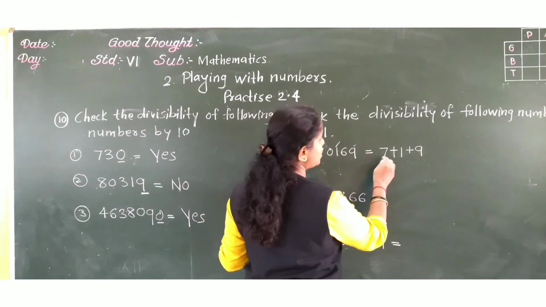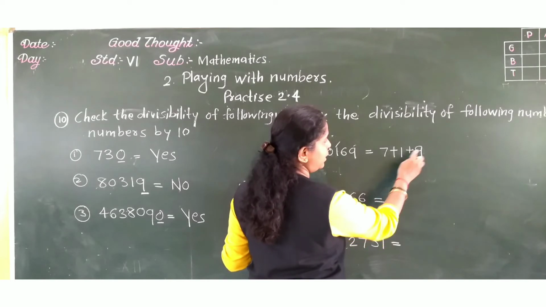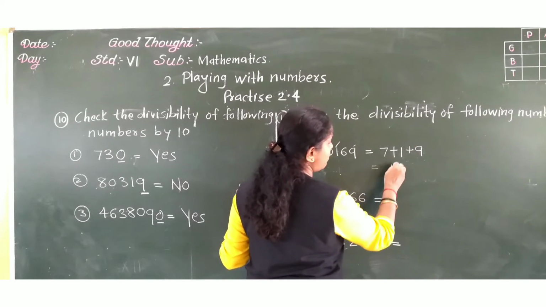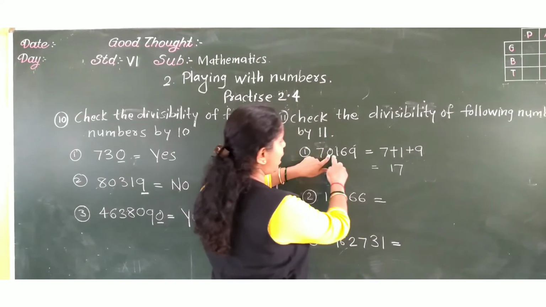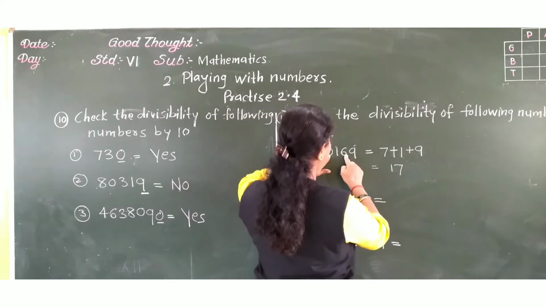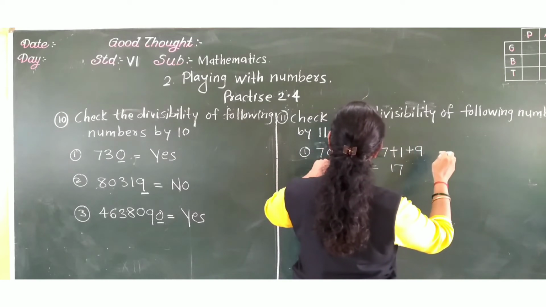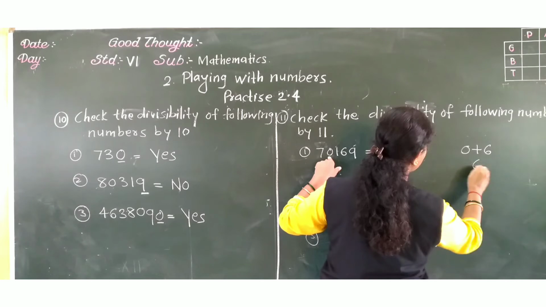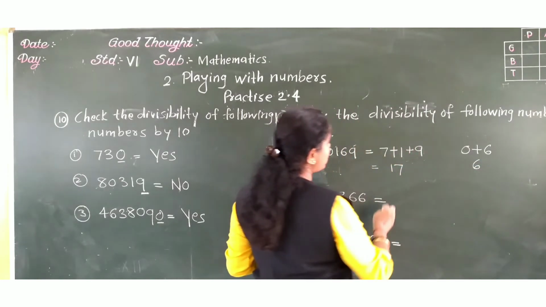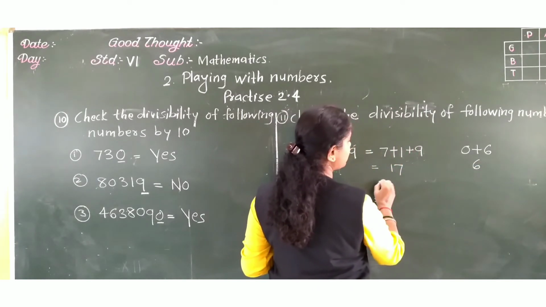Okay, now see 7 plus 1, 8, 8 plus 9, 17, and now these digits take at the even places, 2 and 4, no? So that is 0 plus 6. 0 plus 6 is 6. Correct? Now 17 minus 6.